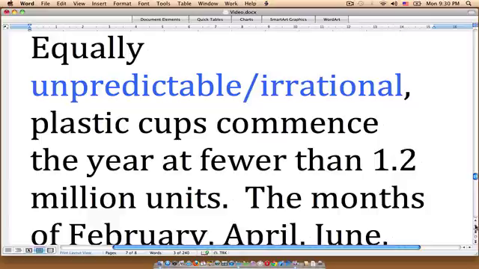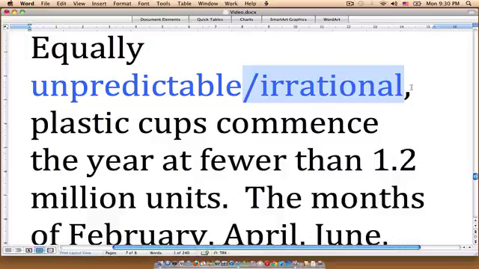Or, equally irrational, plastic cups commence the year at fewer than 1.2 million units. Okay, and here we would use the word unpredictable. So the figures, as they appear on the graph, are rather unpredictable.